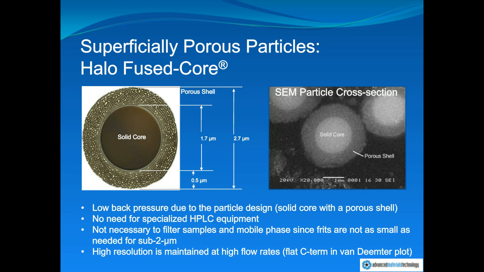And that means that we have somewhat better tolerance to particulate impurities in the flowing mobile phase. But the overriding purpose for this design of particulate materials is that we can maintain high resolution at high linear velocities, high flow rates, because we do have a flat C term in the so-called Van Deemter relationship. In other words, as you accelerate the separation, you do not lose as much column efficiency as is typical with a fully porous particle.